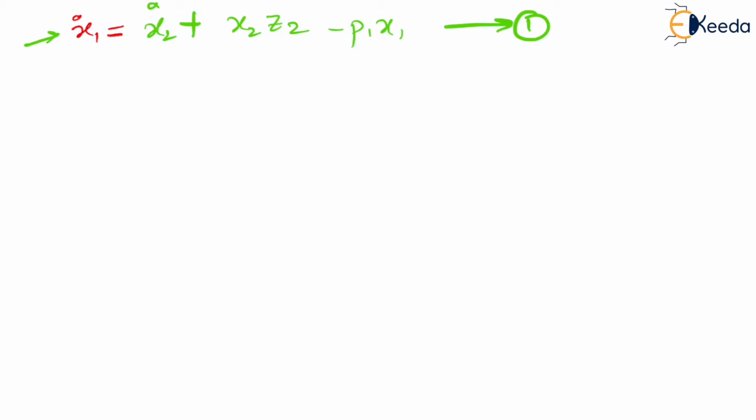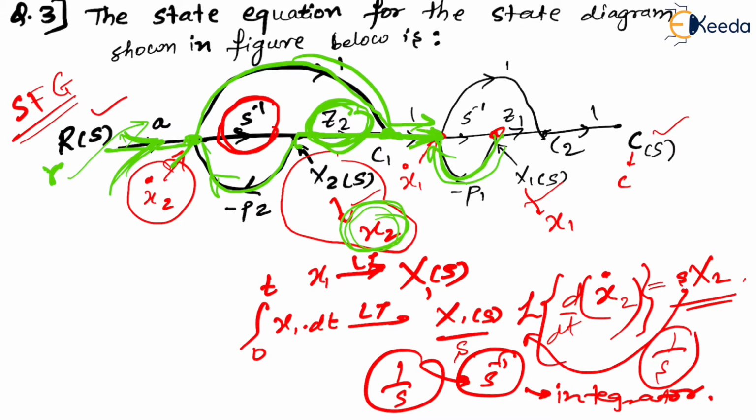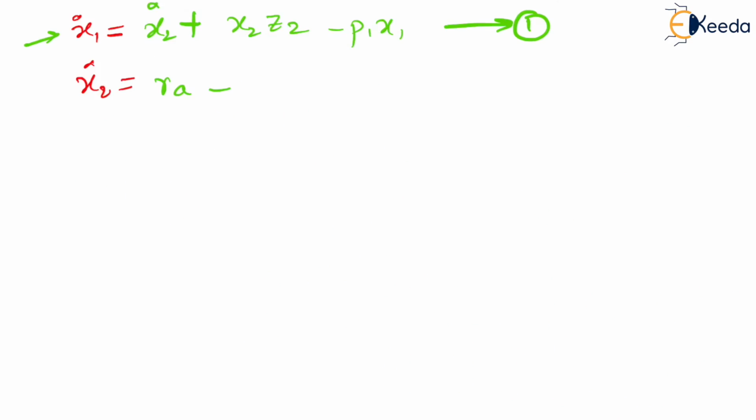So x2 dot equals the incoming signals: Ra, minus P2 into x2. This is nothing but the second equation, right?